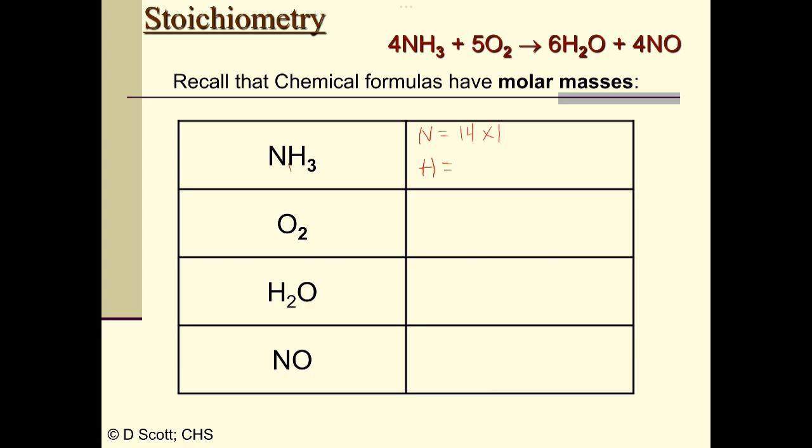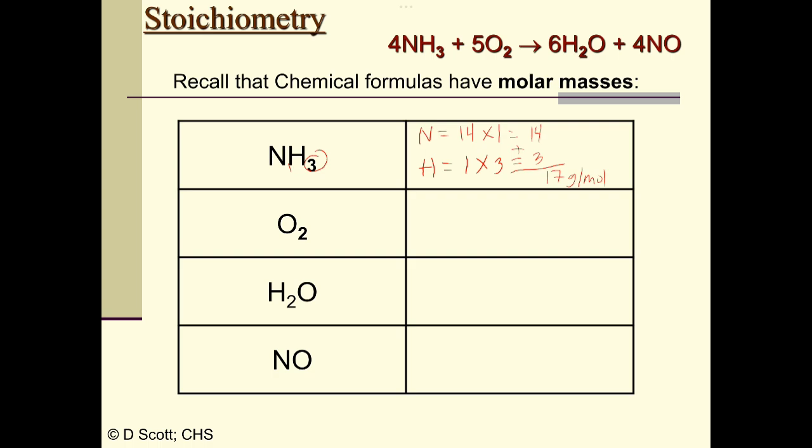So we write here 1, and then we multiply it by 3 because that is the number of atoms of hydrogen present in here. So 14 times 1 will be 14, and then 1 times 3 will be 3. The next thing you're going to do is add 14 plus 3. This will give you 17 grams per mole, and this will be the molar mass of NH3, or ammonia.